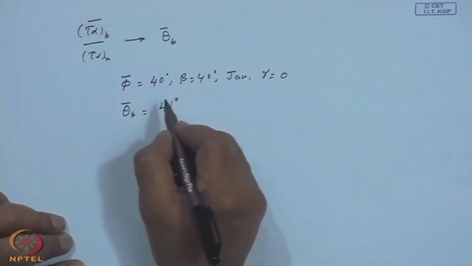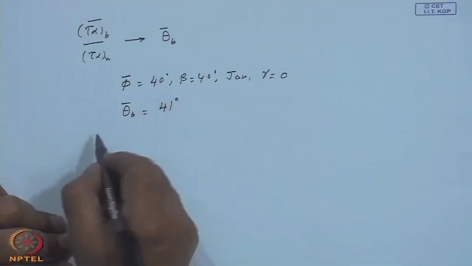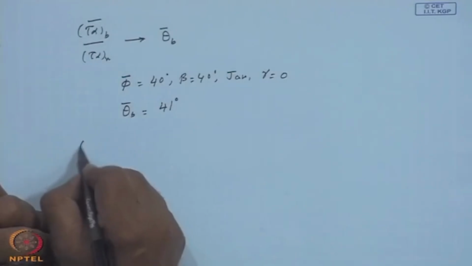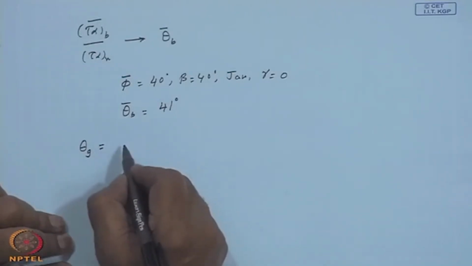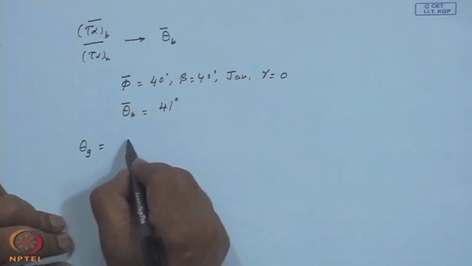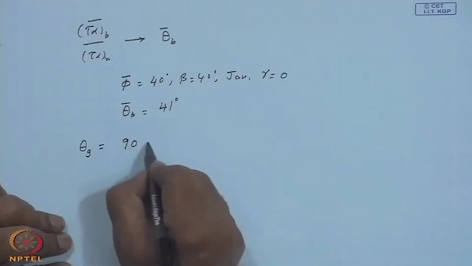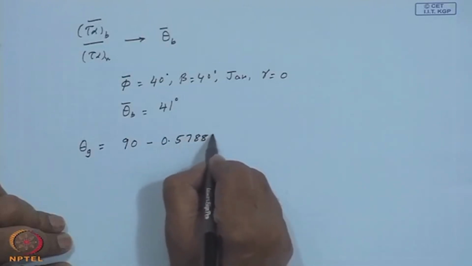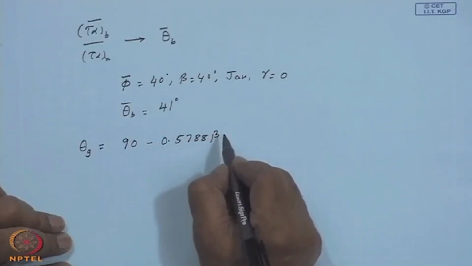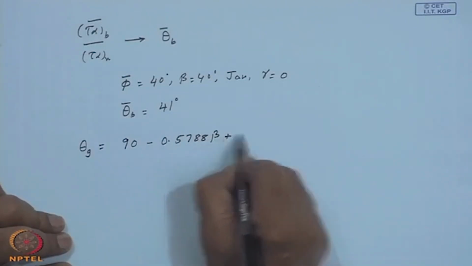This is approximate because I had it from the charts, and the effective angle of incidence for the ground reflected radiation theta g is from the Brandemuehl and Beckman correlation, 90 minus 0.5788 beta. All these relations are there in your earlier lectures.